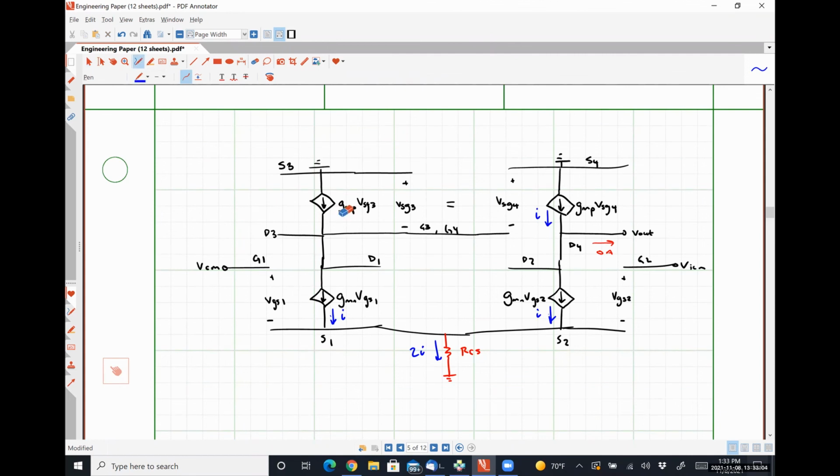I'm going to erase all these i's. Again, we're going to go over this and how it behaves in much more detail on Wednesday.